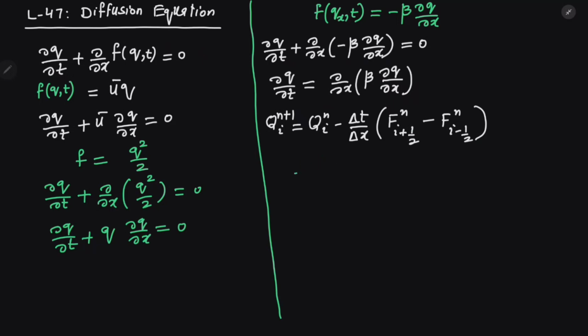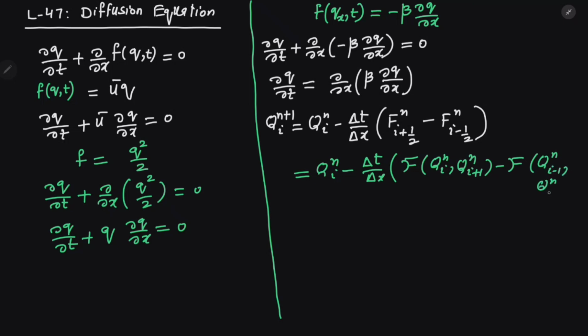So we introduced some function which gives us the value for these fluxes, something like F of q n i plus 1 and q n i, and F of q n i minus 1 and q n i.